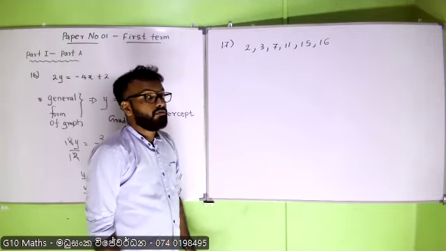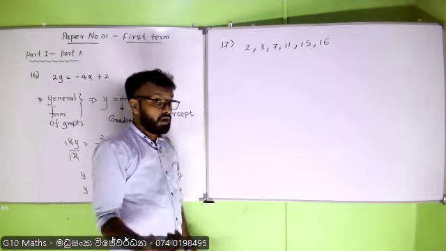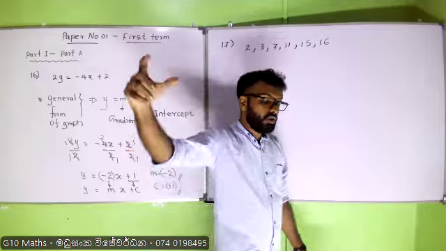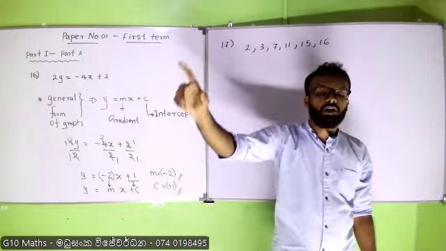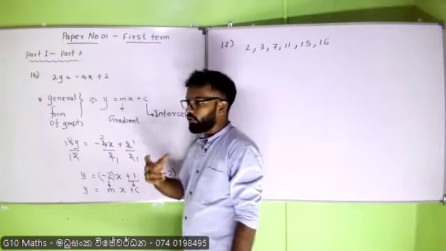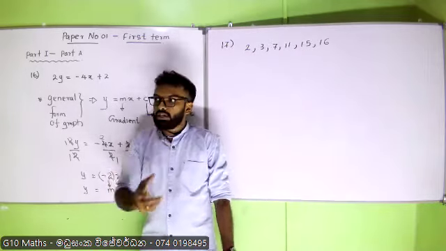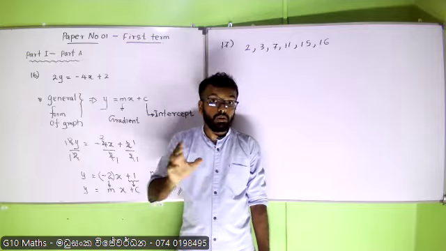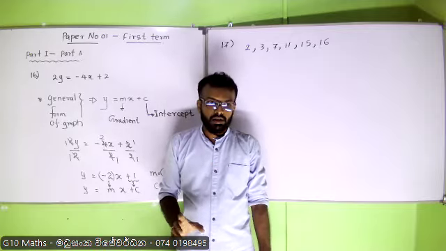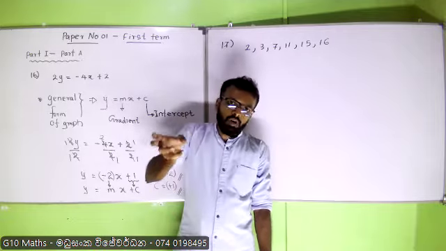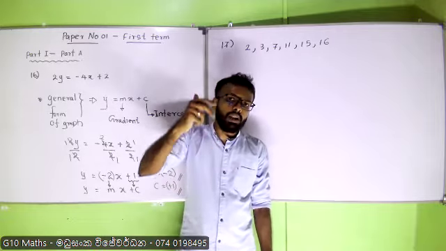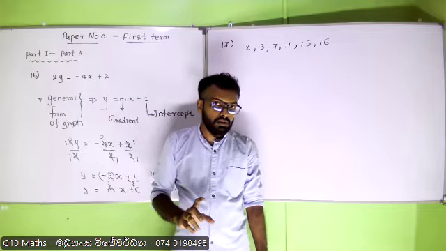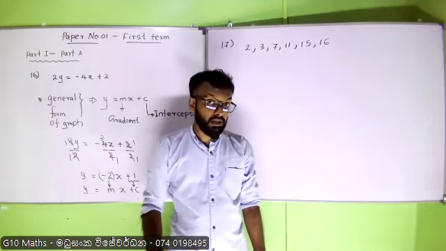When you have an even number of data, what is the method you are going to use? You need to be very careful. When you have even numbers, you have to find two places in order to find the median. If you can remember grade 9.